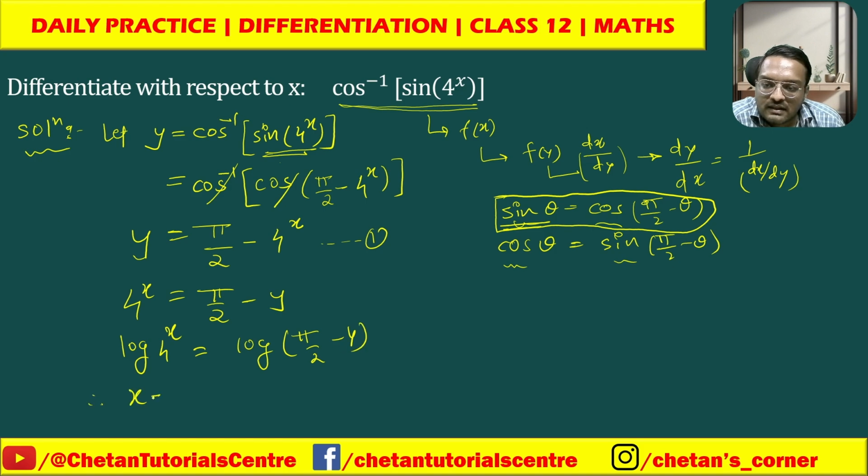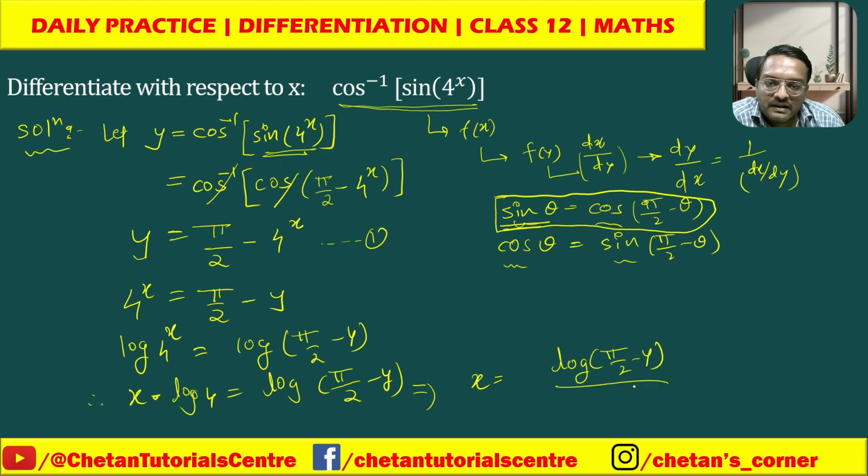So x into log of 4 is equal to log of pi by 2 minus y. Then this equation becomes x is equal to log of pi by 2 minus y divided by log of 4. So this is the function of y.